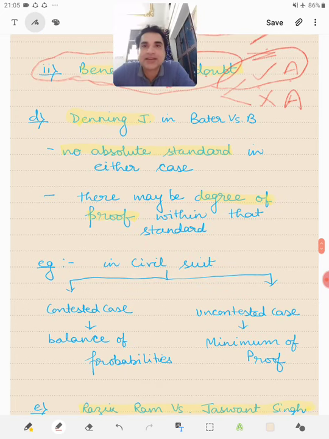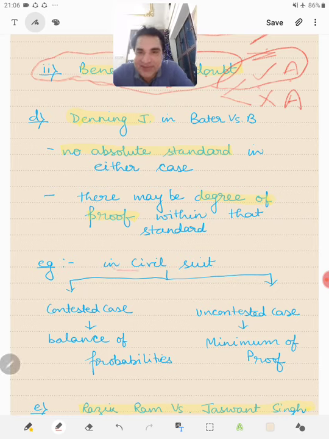But there is another thing, that there is no hard and fast rule regarding the degree or standard of proof in civil and criminal proceedings. For example, it is not that in all civil proceedings the same degree or standard of proof is required.